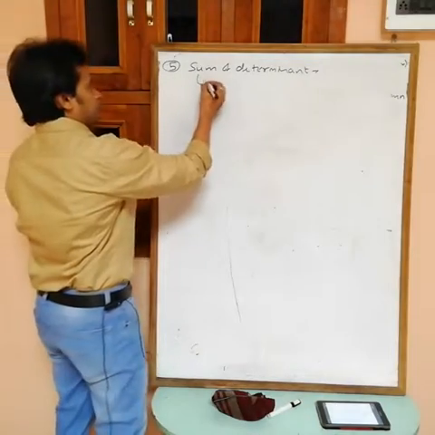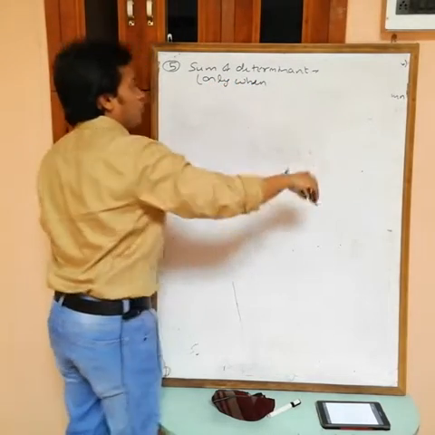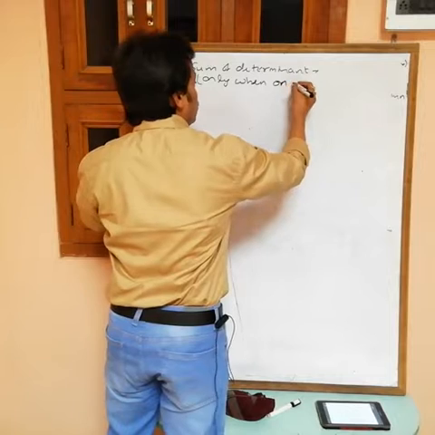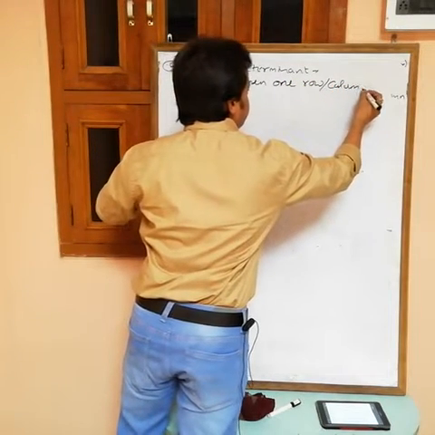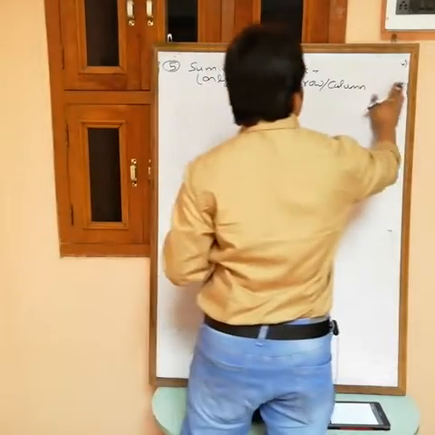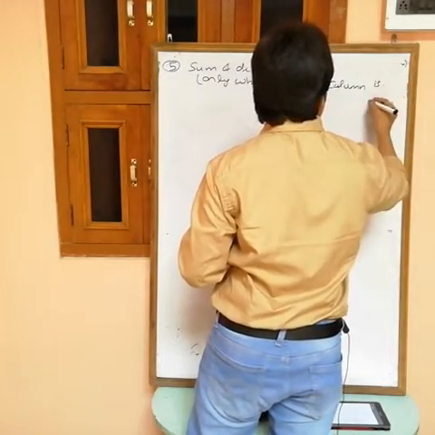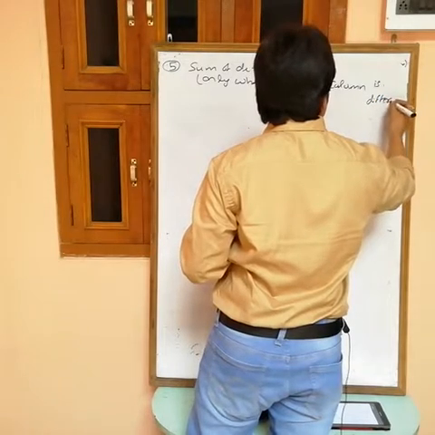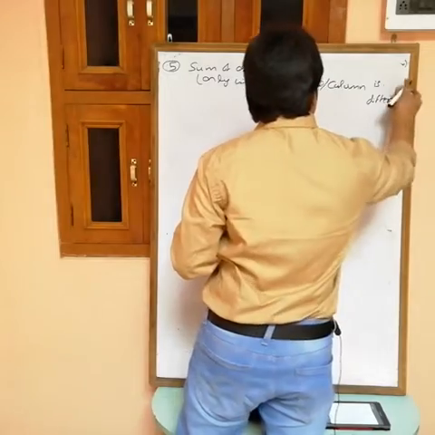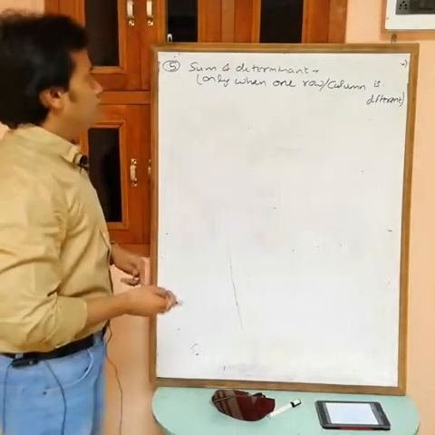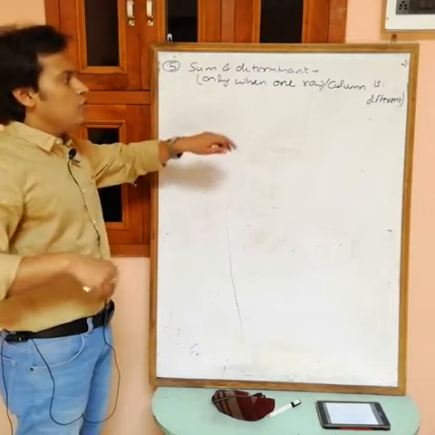So the sum of determinants is only possible when only one row or column is different.